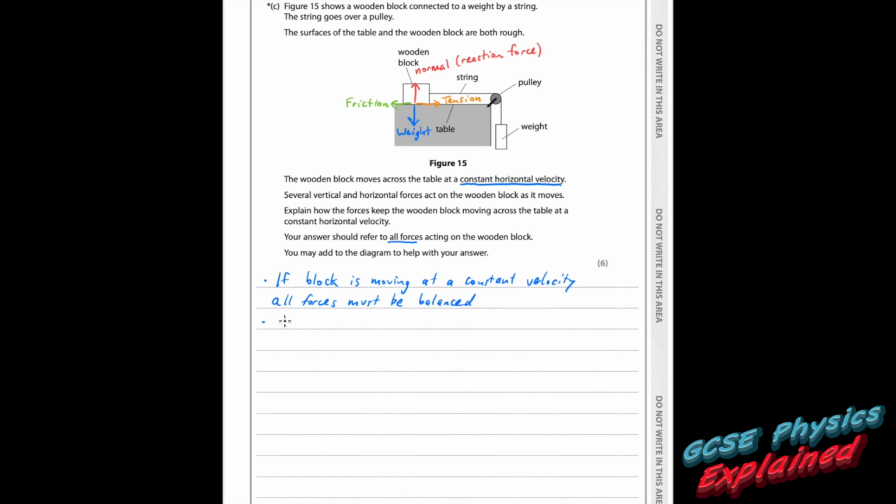So we'll say tension forward or to the right is going to equal friction to the left. We'll just say that friction opposes motion. Just our standard definition of what friction's actually doing there. And they're the horizontal forces.